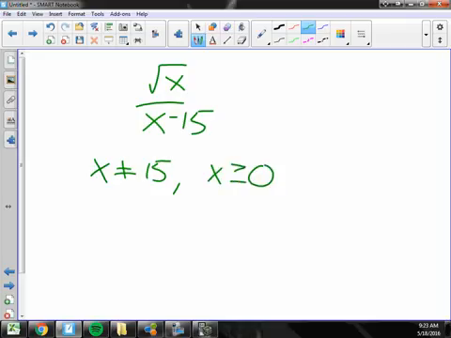So in interval notation, it would be from 0 to 15, and then union with 15 to infinity, which is D. Did we get it right? Yeah, we're on fire.